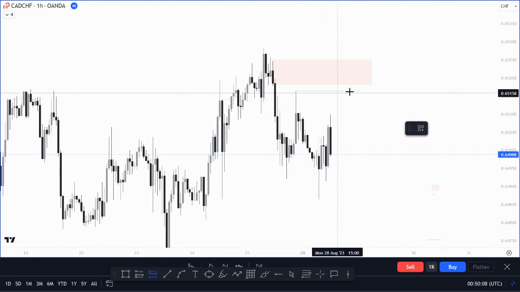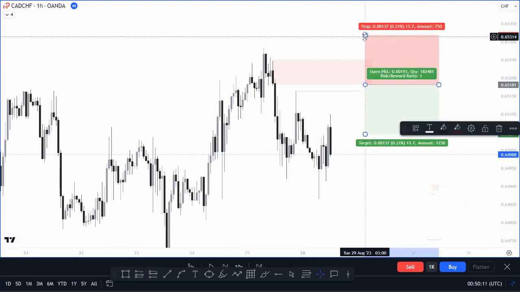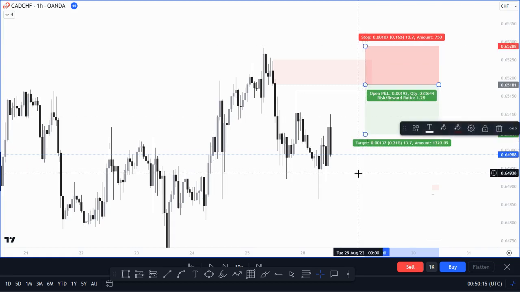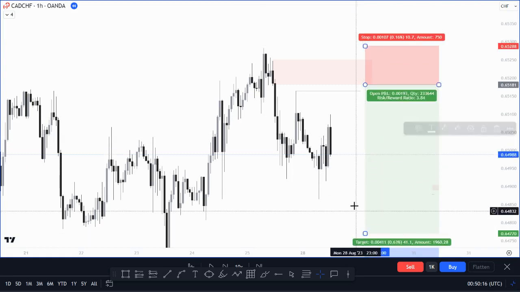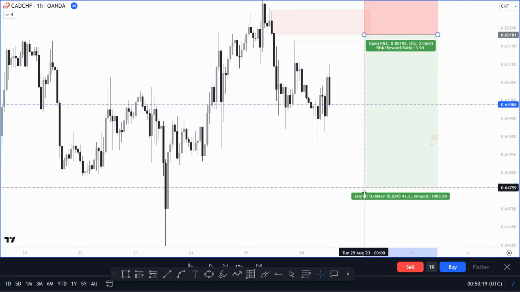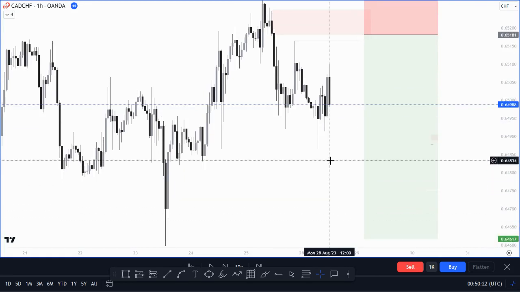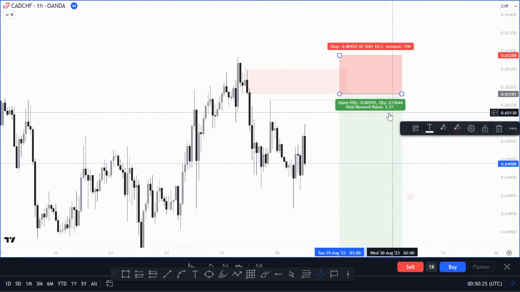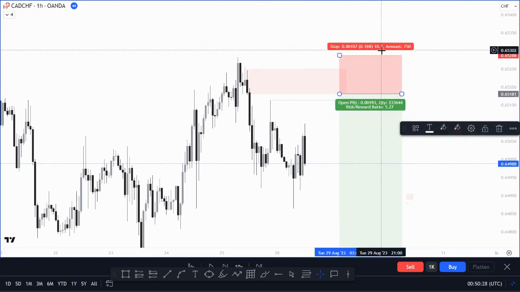You marked out this POI, and you want to do again 5R. Look, it's showing that our stop loss here is 10.7 pips and this is 5.2R.